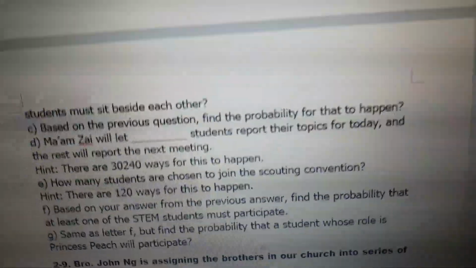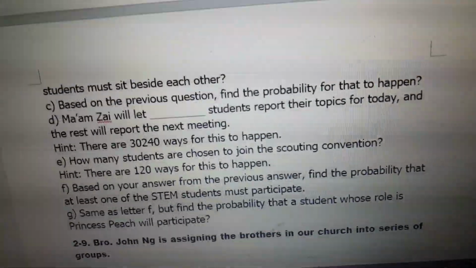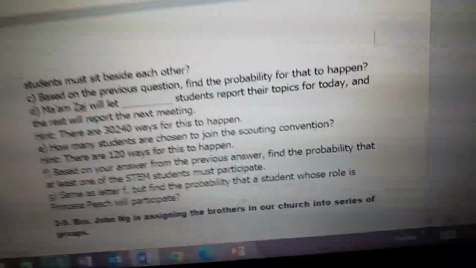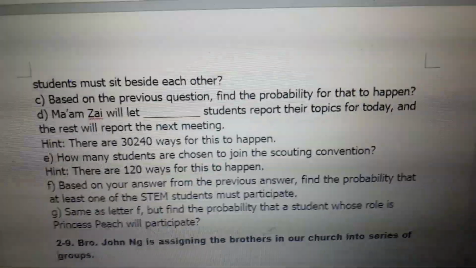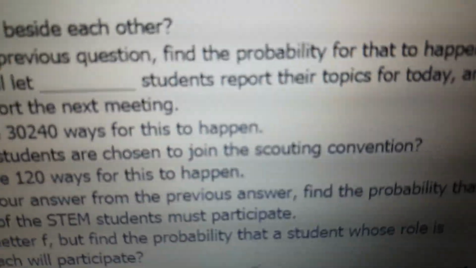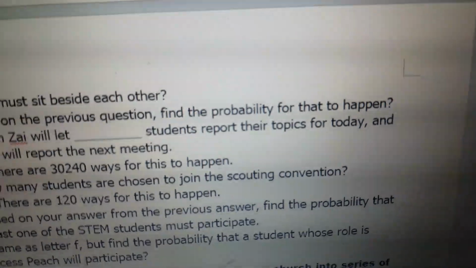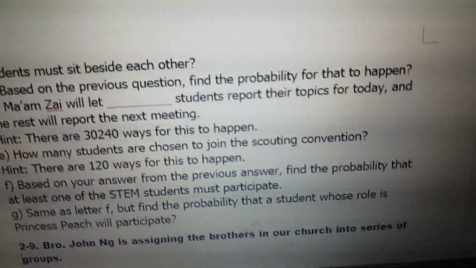Let's read the question again, class. If you read the question and analyze it carefully, would you rather be using permutation or combination for this concept? Combination. Why combination? Look, the context clue says are chosen. When we say chosen, it means combination. When you choose something, it's automatically a combination.